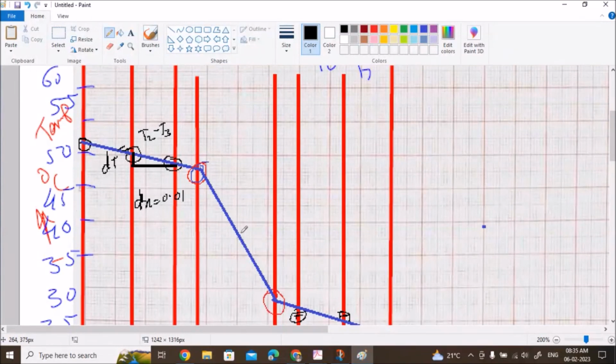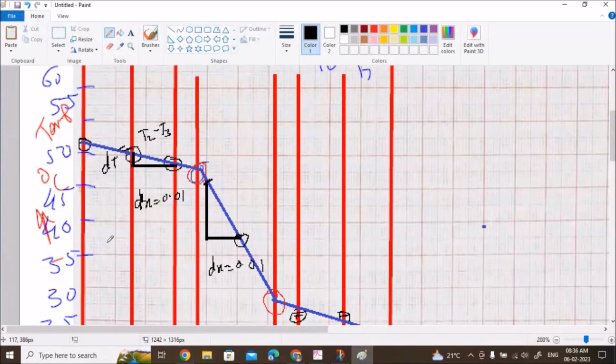Okay, same I will choose the point from this point to this point. Okay, so draw the vertical line. So here dx is equal to 0.01 and find out the temperature.